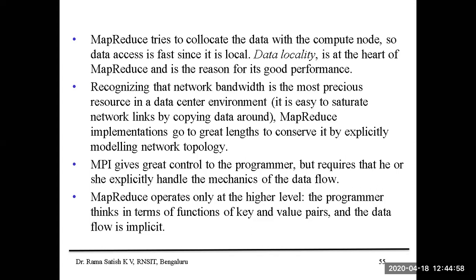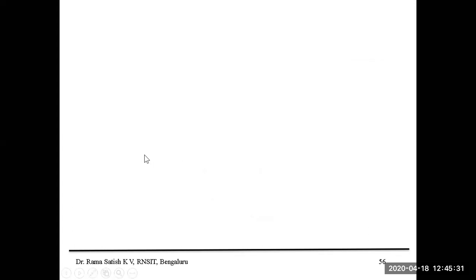MapReduce is not worried about the data flow. MapReduce worries about the splitting of data and the rejoining of data. So you have your data split as keys and values, and based on that MapReduce operates. Processing is done, and finally you get the results.